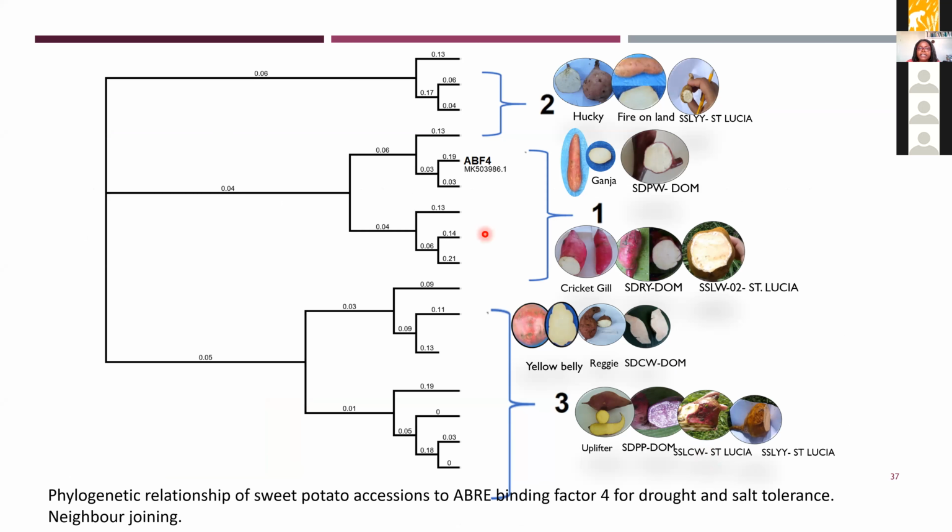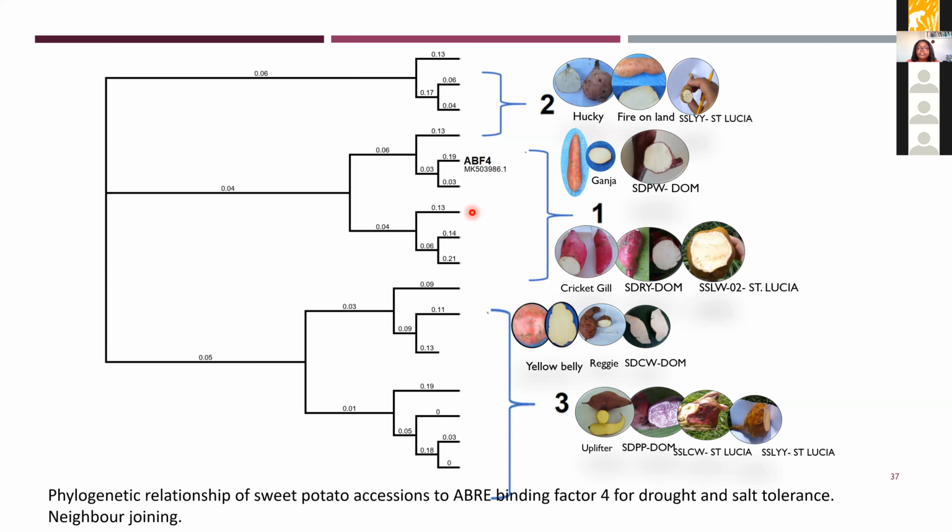And we found in the group that had the ABF4 gene, we found Ganja, this SDPW from Dominica, Crooked Gill from Grenada, this unnamed pink white flesh variety from Dominica, SDRY, and we also found one of the yellow fleshed varieties from St. Lucia.